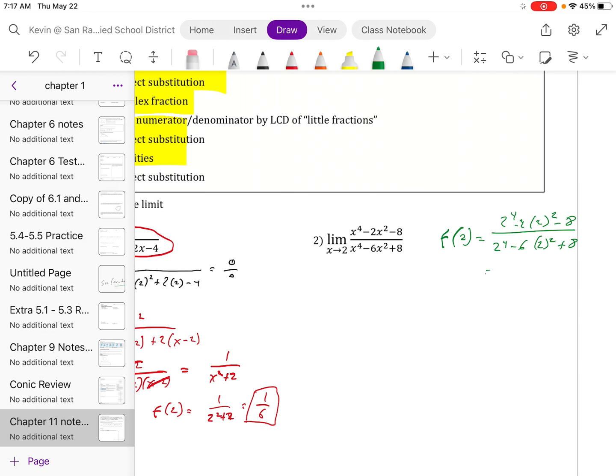Okay, and I'm going to figure that this is going to come out to be 0 over 0, and again, it's indeterminate. I don't have my key with me, but I'm pretty certain that's what it winds up being.